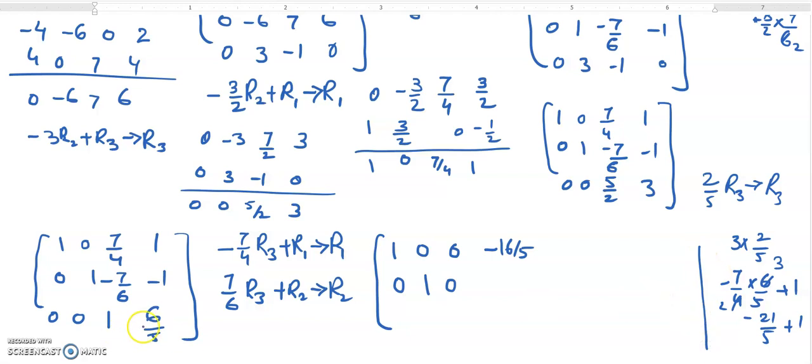So for this, 7 by 6 times 6 by 5, and then minus 1. So 6 cancels with 6. 7 by 5 minus 1 is 2 by 5. So it will be 2 by 5. I hope I have not made any calculation mistakes. Okay, so now it is 0, 0, 1, 6 by 5.